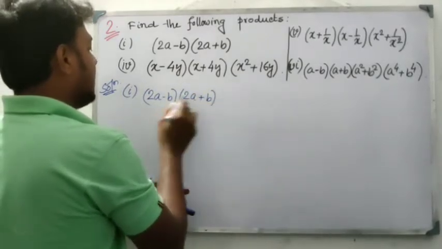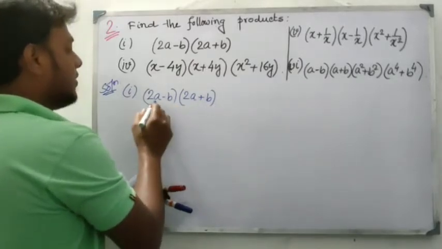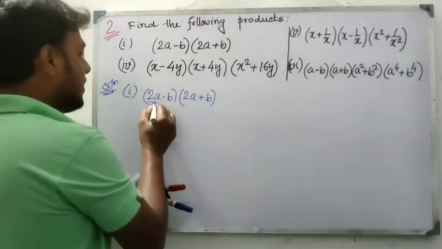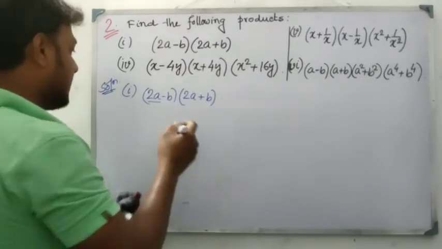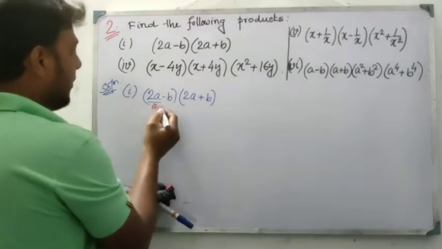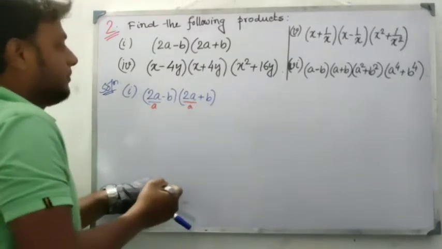So this is like first minus second into first plus second. If we consider whole 2a as a, then this is our a minus b, and we have taken a, then a plus b.